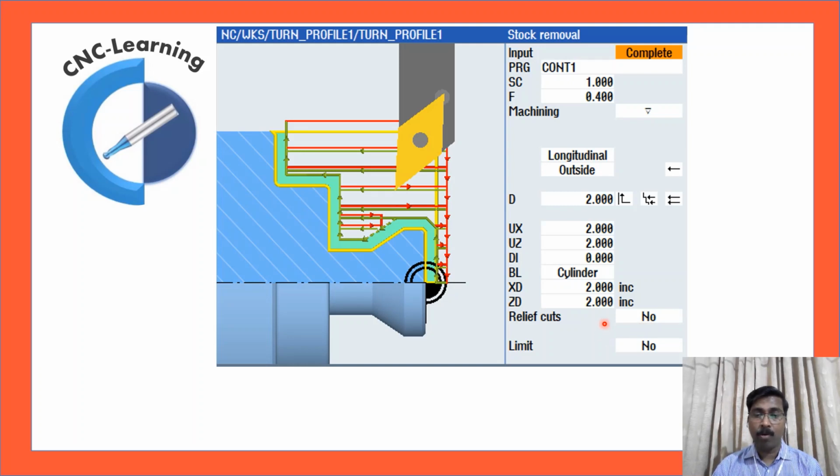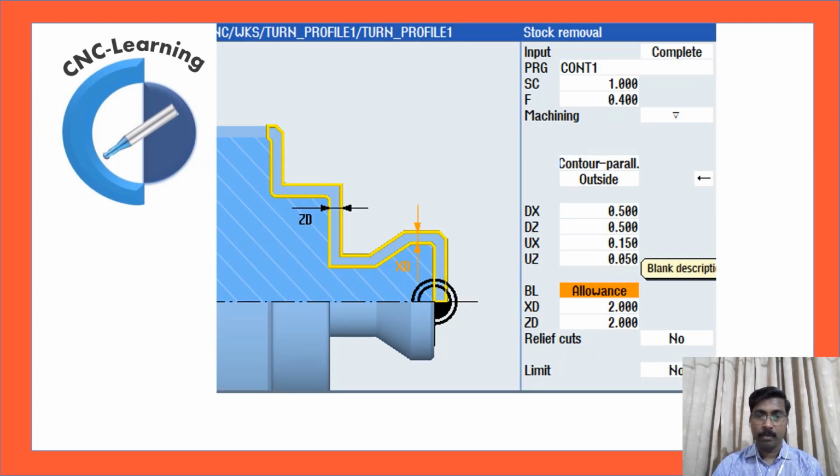In roughing you can omit it. Then as I said, the 2 mm which you have defined, stock what is left out in the first roughing cycle. So just to demonstrate how it works, we are using it as an allowance.